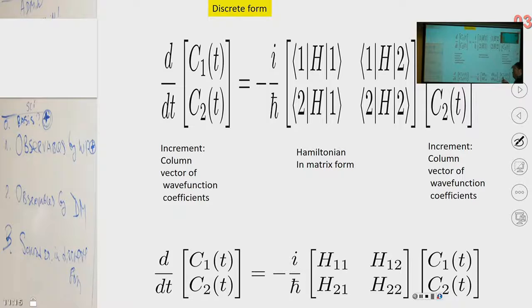We have the time derivative of these coefficients on the left, and on the right there will be a matrix that replaces, or represents, the Hamiltonian.